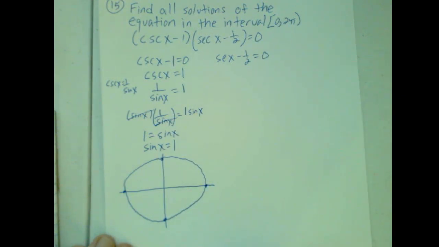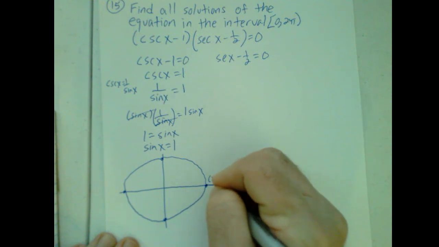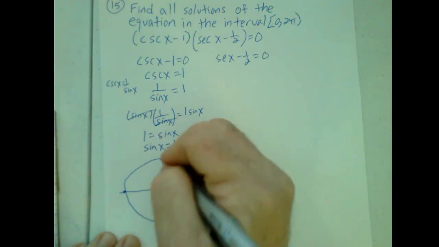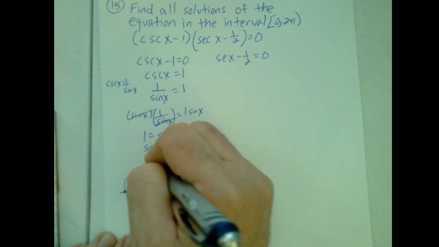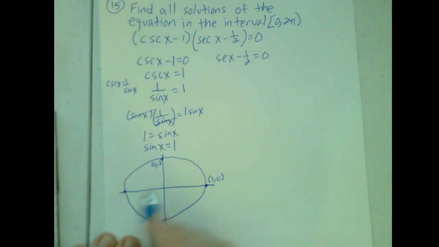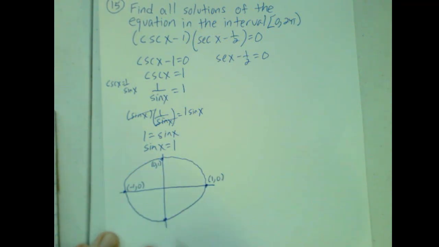So this point here is (1, 0), this point here is (0, 1), this point here is (-1, 0), and this point here is (0, -1).